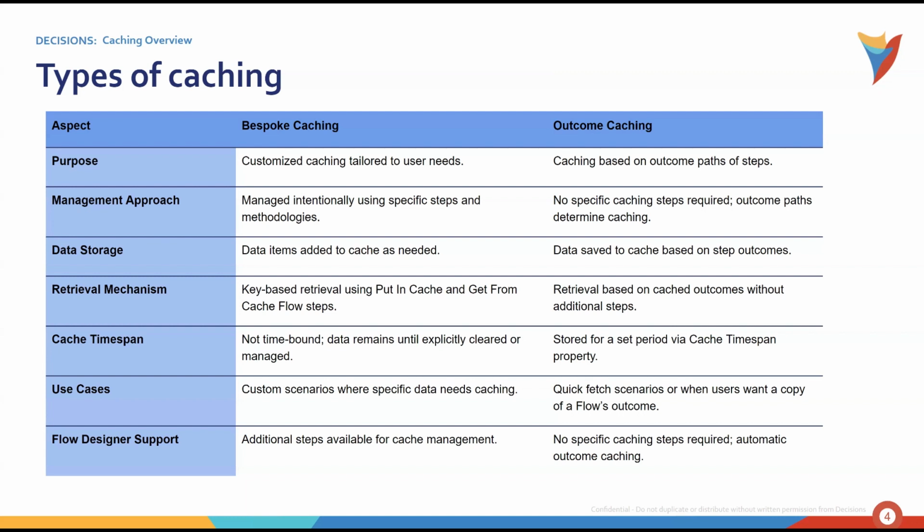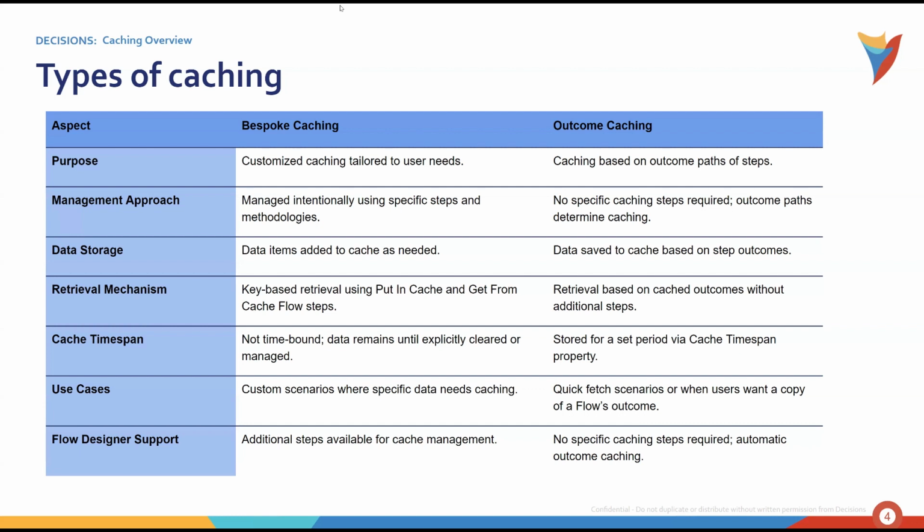This setting becomes available once the outcome cache is linked to a step. So this caching technique is especially useful for scenarios that demand rapid data retrieval or when the user needs fast access to a copy of a flow result.